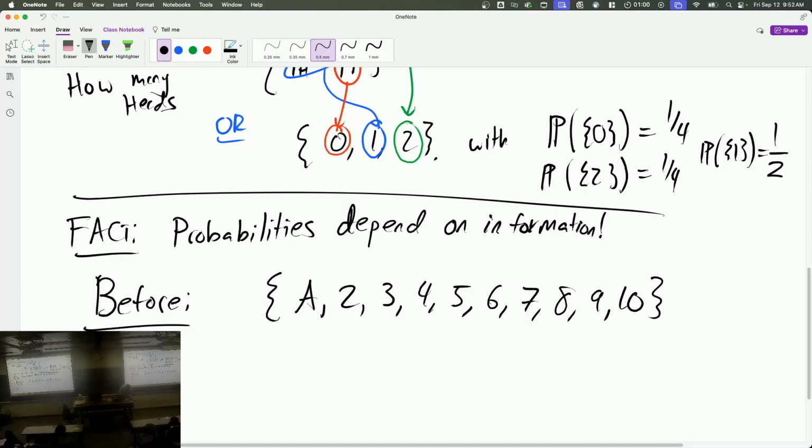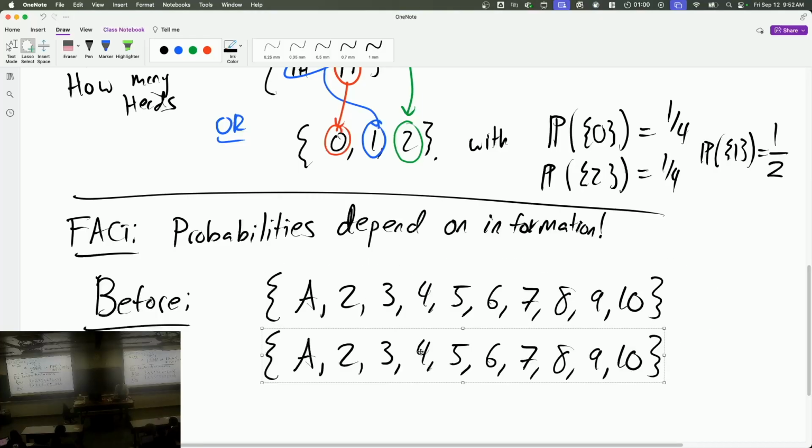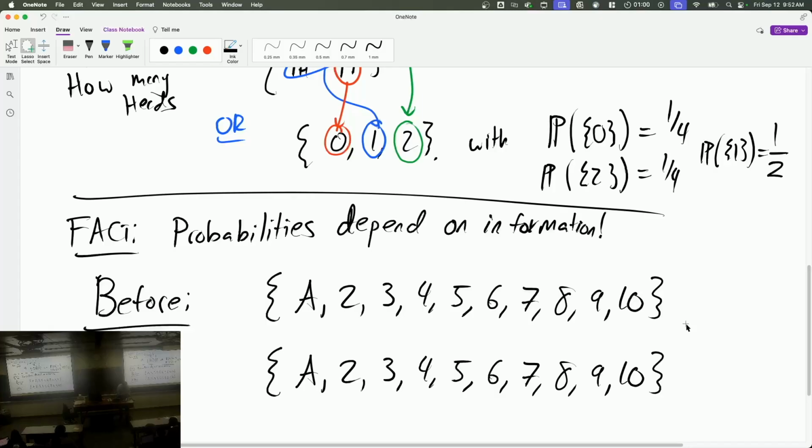And then after, it's the same thing. Before and after: they're all equally likely, ace through 10, and they all have probability 1/10. Let me write that down as well. Probability of any individual outcome is 1/10.